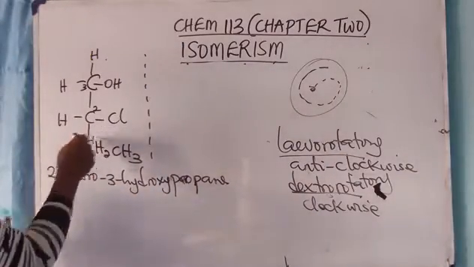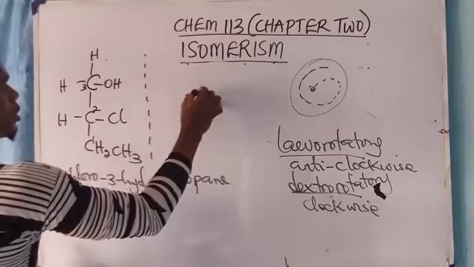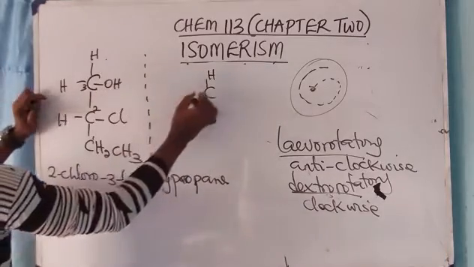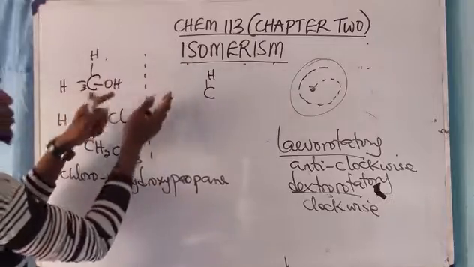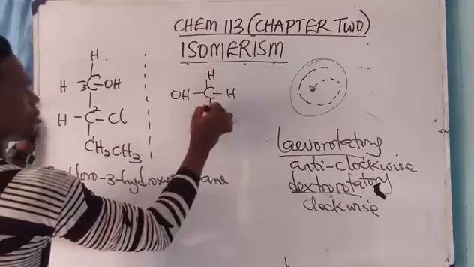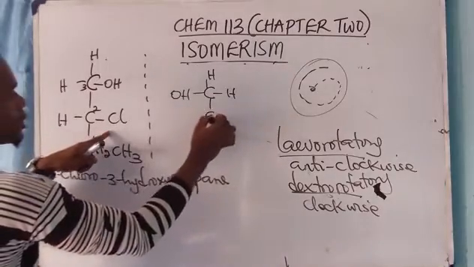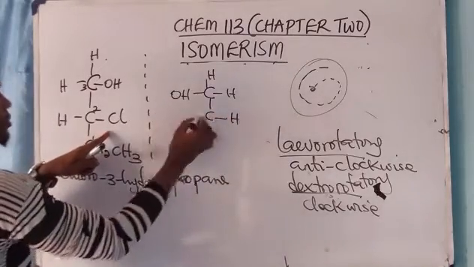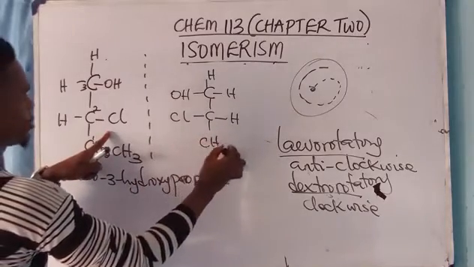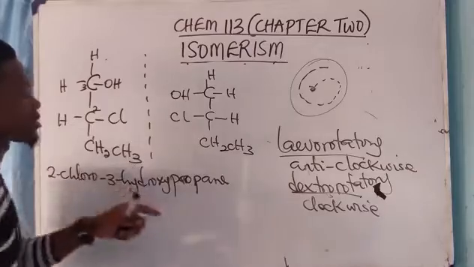Now, what is going to happen here? It's going to come like this. This OH that was by the right will turn to the left, becomes OH. Now, this one that was here will turn to the left, becomes what? Cl. And now C2H5.